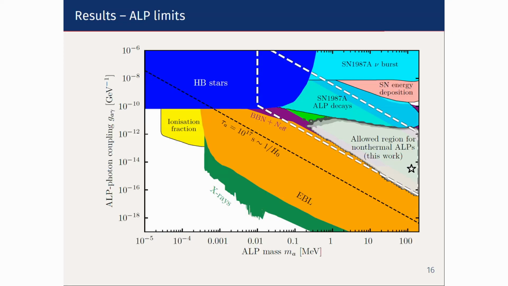Right, so let me remind you, this was our region of interest for the parameter scan in the exclusion plot that I showed you before. And if you let GAMBIT do its magic, what you find is that you do have a region that is allowed for the non-thermal ALPs in this work.